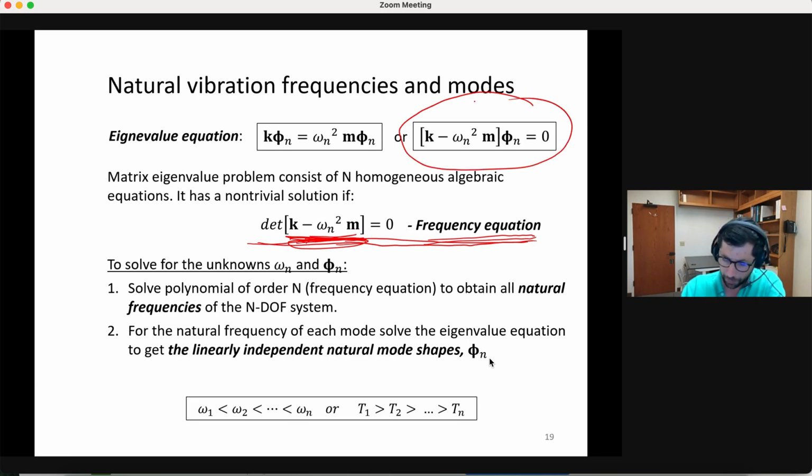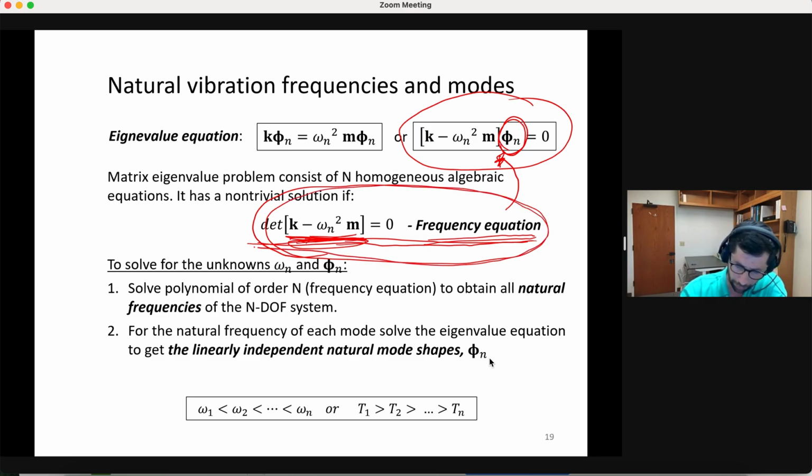After I have the frequency values and I plug in the frequency values into this problem, I can obtain the mode shapes of my multi-degree of freedom system, okay? So from this equation, I will get the frequencies of vibration. From this equation instead, I will get the modes of vibration.